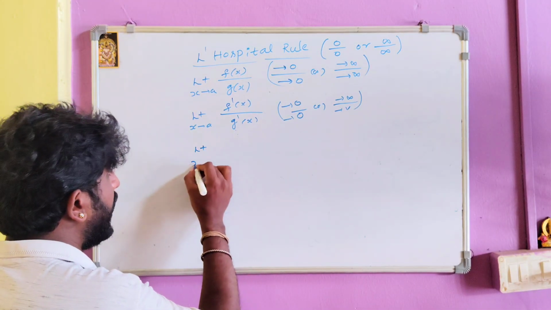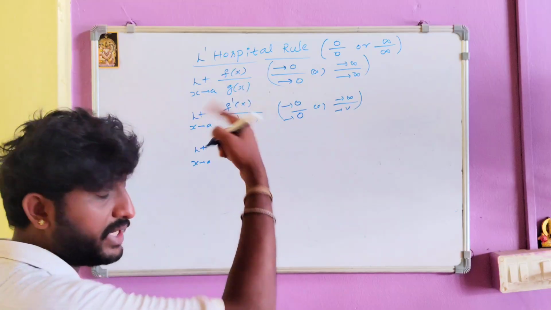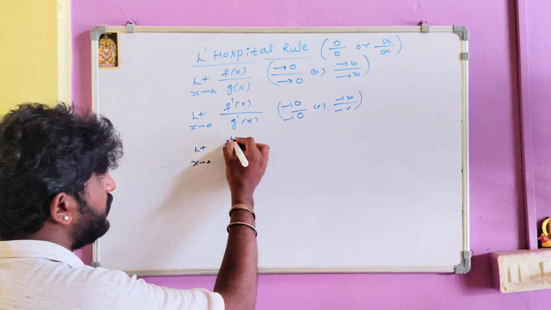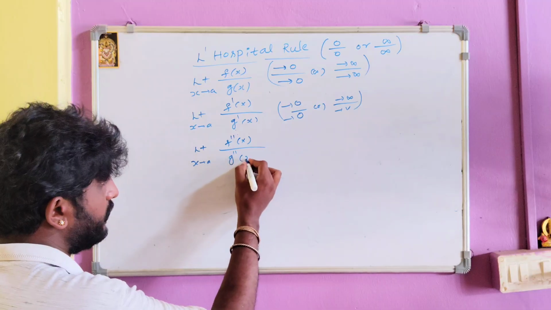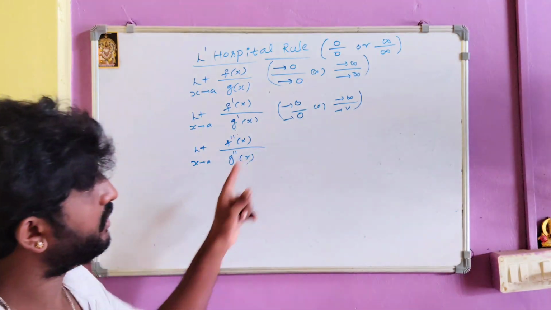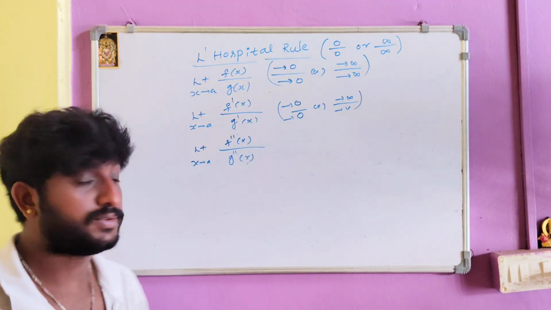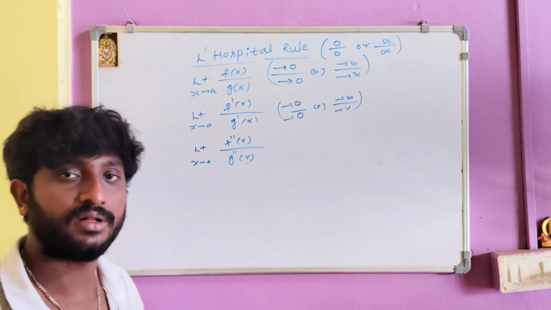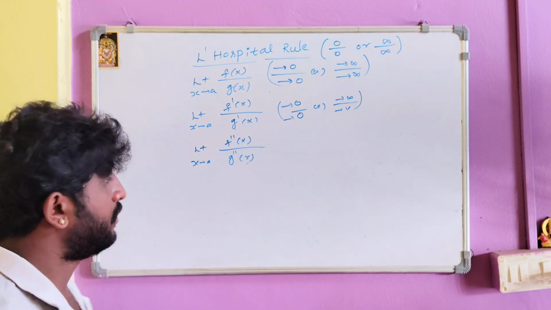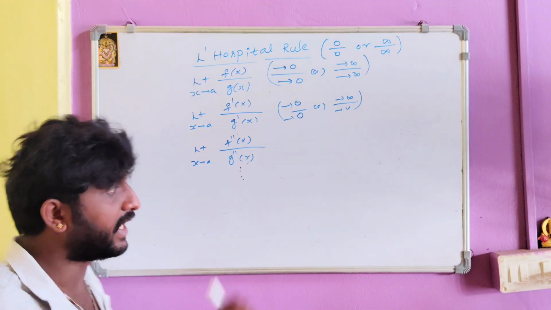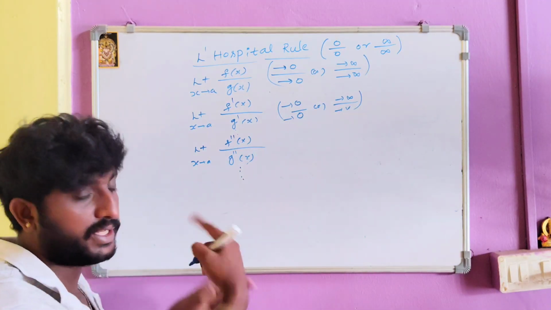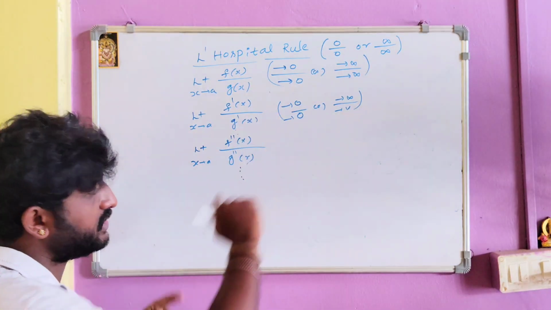That means you differentiate the numerator again to get the double derivative, and differentiate the denominator again, until this form vanishes. This is the process. If you get these forms again and again, you should continue this process.